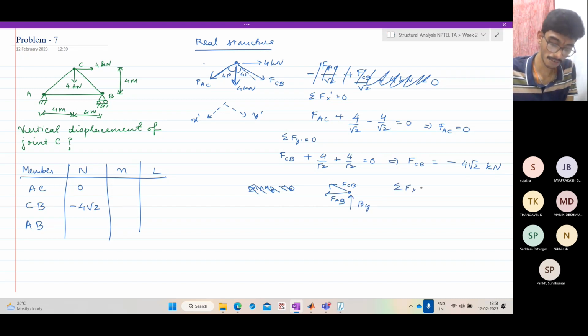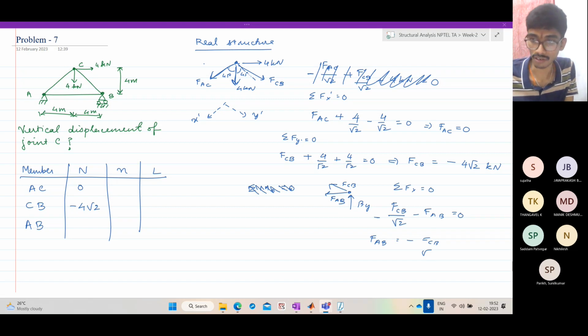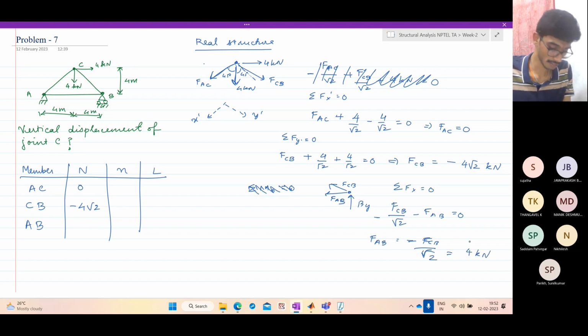Set sigma Fx equal to 0. What do you get? FCB by root 2, because it's 45 degrees, minus FAB equal to 0. Therefore, FAB is equal to minus FCB by root 2, which is nothing but, FCB is minus 4 root 2, so this is just 4 kilonewtons. So this is tensile 4 kilonewtons.